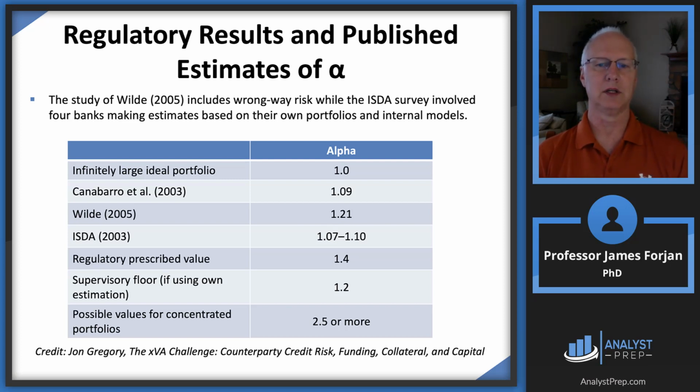I actually looked at the Wild article, and it was interesting because it includes a measure for wrong way risk in there. Remember we talked about wrong way risk, which includes measures of correlation between and among all of those different types of exposures out there. Another interesting row is the regulatory prescribed value of 1.4.